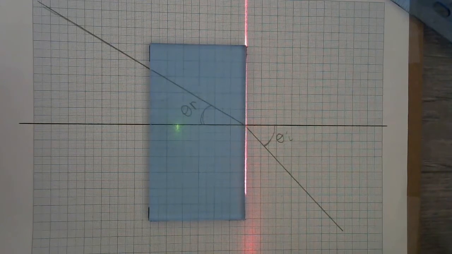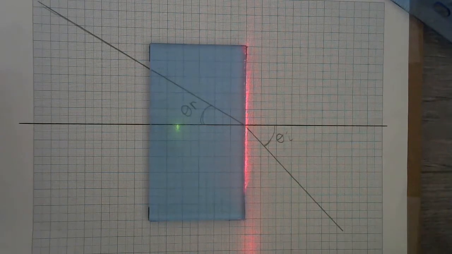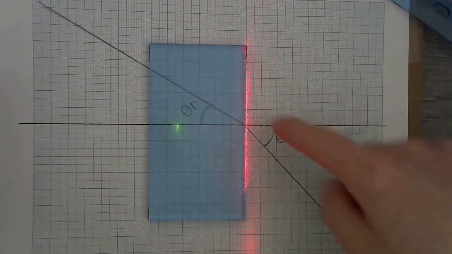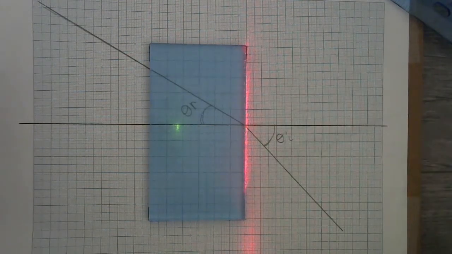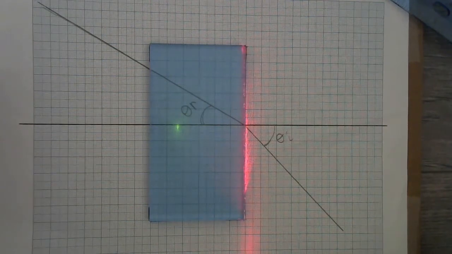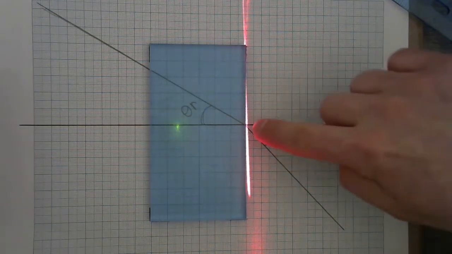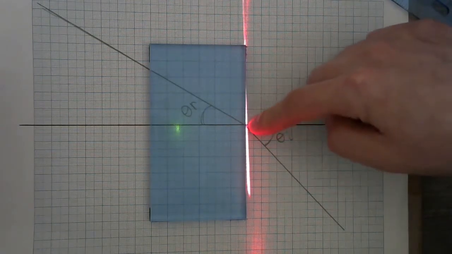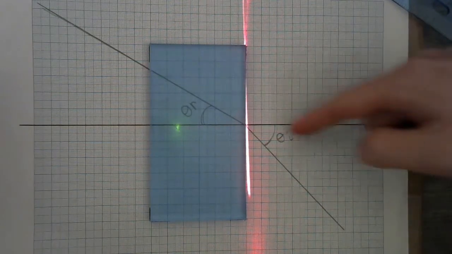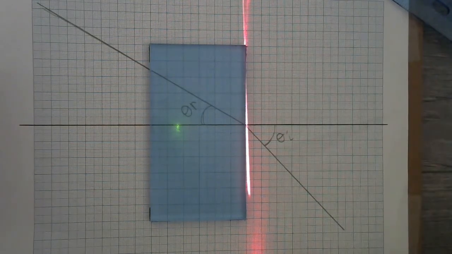But what we can do is place the laser at nearly parallel, or nearly 90 degrees to the normal, and look for the refracted beam. This is a tricky measurement to make because you want to make sure that the beam is crossing into the block at the normal line.